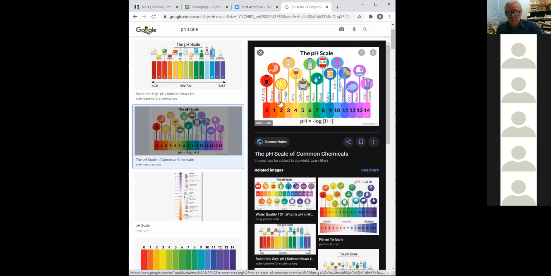How many valence electrons does chlorine have? It's in column 7. Would that mean it has 7? 7. It wants 1 more to fill up its valence shell. So it will accept an electron from hydrogen to form hydrochloric acid.